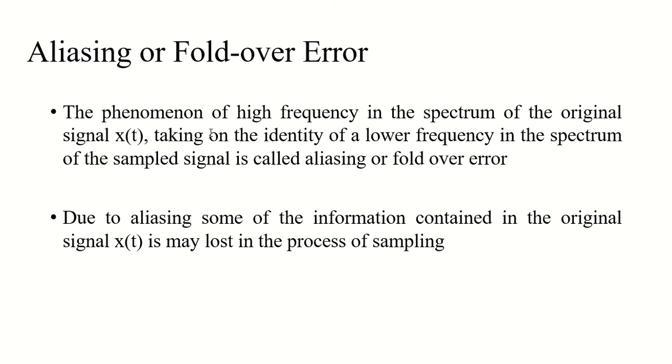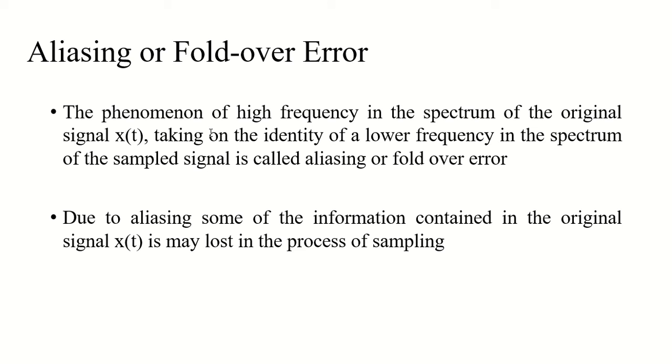The phenomenon of high frequency in the spectrum of the original signal taking on the identity of a lower frequency in the spectrum of the sampled signal x delta of t is called aliasing or the fold over error.